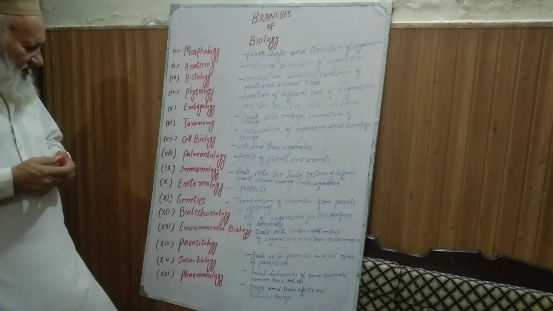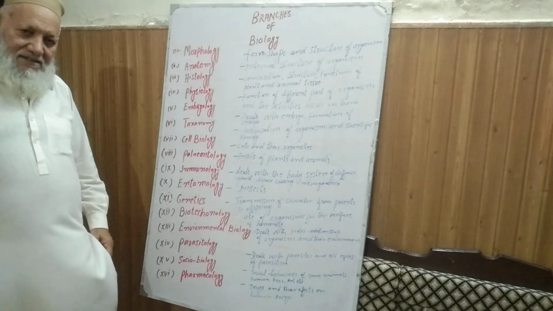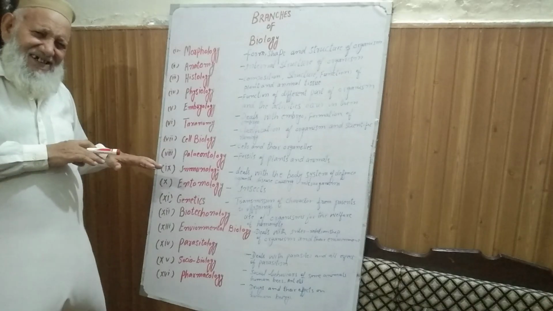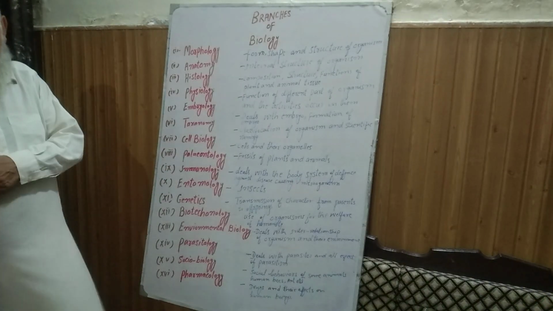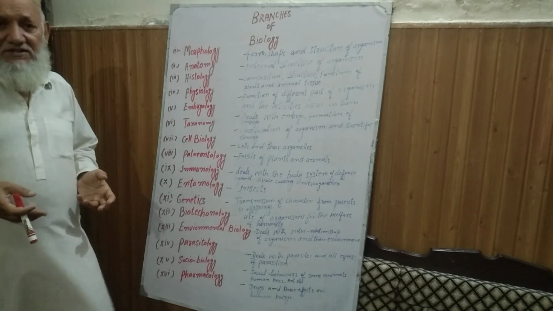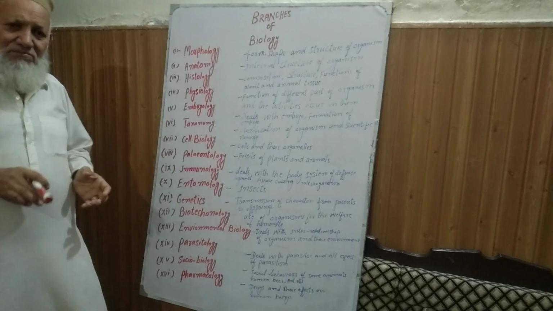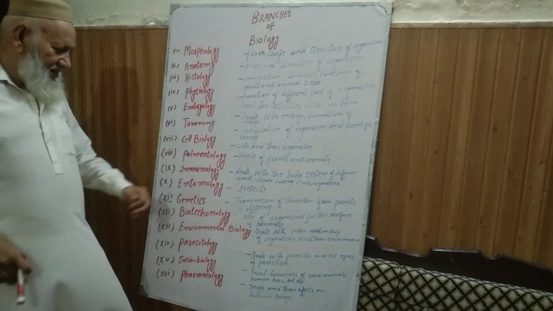So what is this type of characteristic called? Here the characters transfer from one variety to another variety, and the new variety which is produced has mixed characters. This study is called genetics.